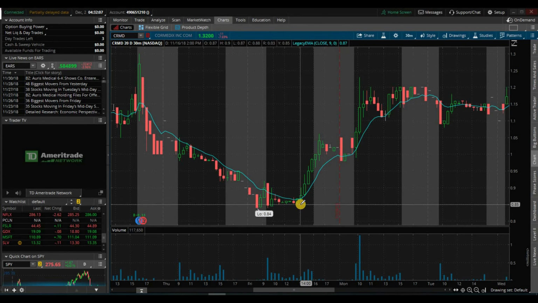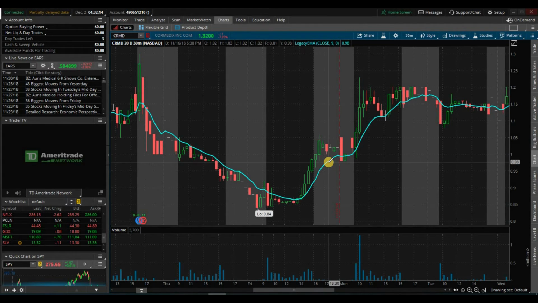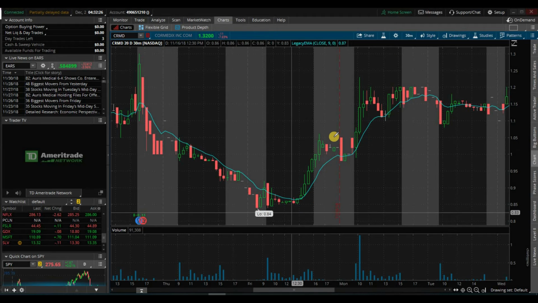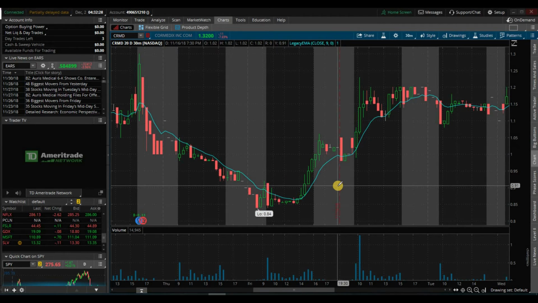So what you have to do is make sure that this trend continues for a bit, so you have to watch it. So this trend started at about 2 p.m. on Friday, and when the market closed, it seemed pretty strong. It never intersected or dipped below the EMA line.